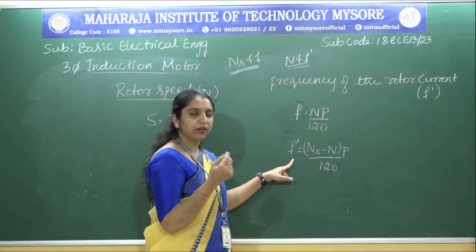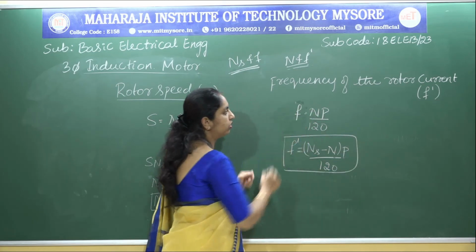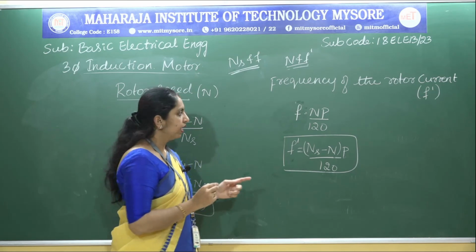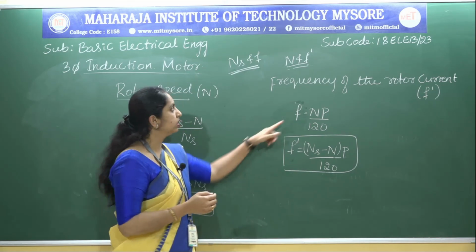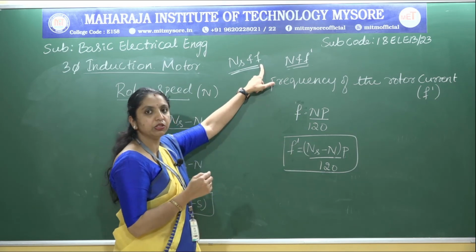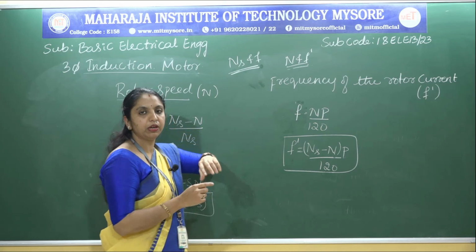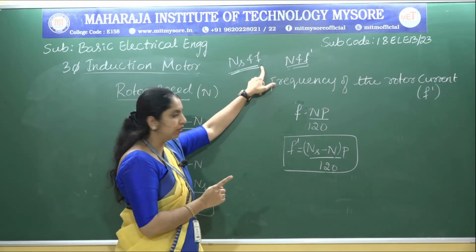Remember this f dash is nothing but the frequency of the rotor current. And we have another frequency, that is f. What is this f? f is nothing but the frequency of the alternator, which is related to the rotating magnetic field.